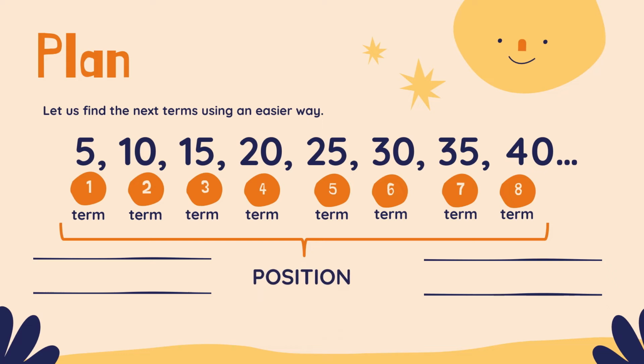Again, this is what we call position, and we are going to represent position as letter N. N can be 1, 2, 3, 4, 5, 6, 7, 8, and so on.